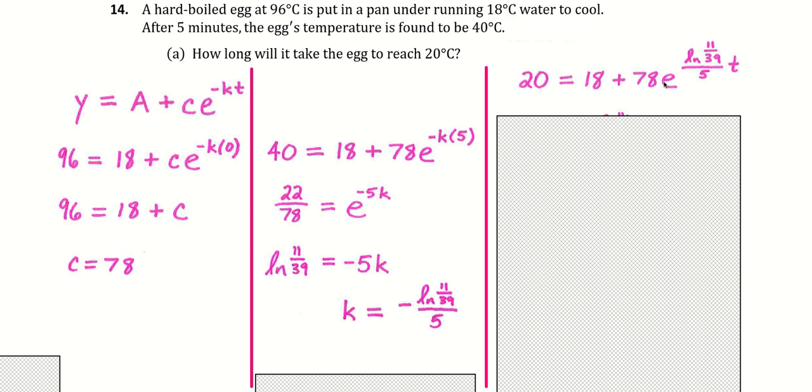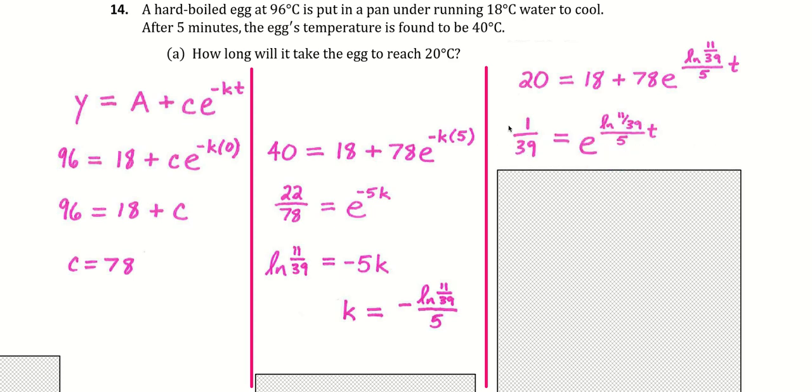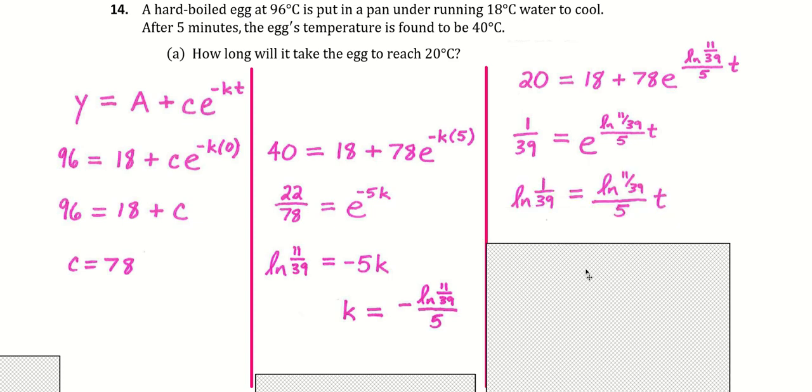What do I got to do here? If I want to properly solve this, I have to move the 18 over by subtracting it, then divide both sides by 78 to get that. So subtract 18 and then divide both sides by 78. Only then would it be valid to take the natural log of both sides.